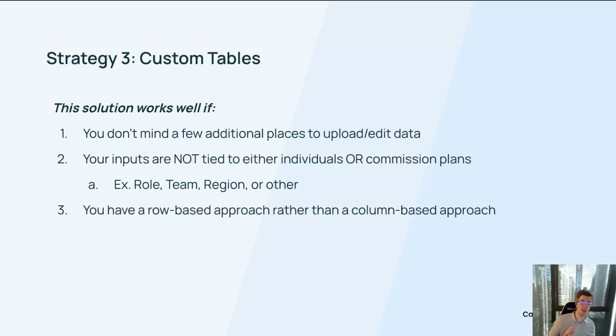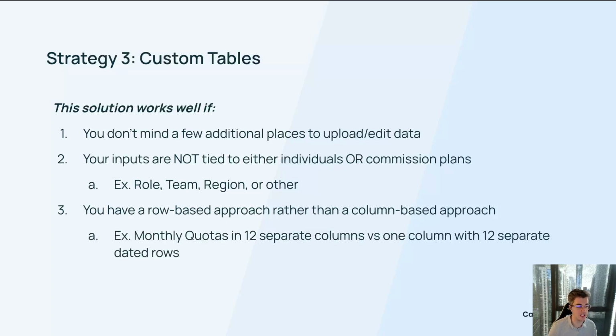Now, there's another piece here that is really important to highlight, and we hinted at this earlier, but custom tables work really, really well if you have a row-based approach rather than a column-based approach for managing your different variables. An example of this would be something like, instead of having one annual quota that we track against every year, we actually have monthly quotas.